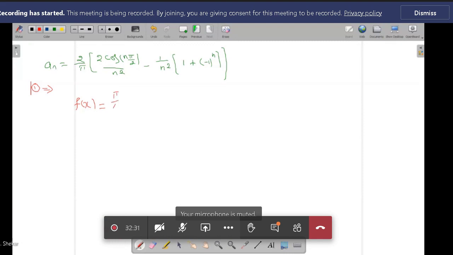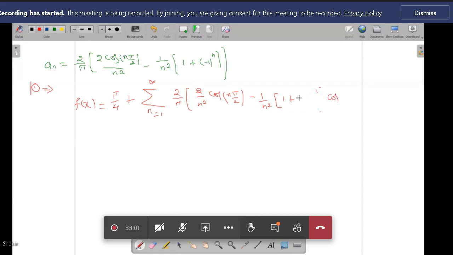Pi by 4 plus summation n running from 1 to infinity of a_n, that is 2 by pi into 2 by n square cos n pi by 2 minus 1 by n square, so n square we can also take outside, into 1 plus minus 1 power n into cos nx. This is the required half range cosine series for the given piecewise function.